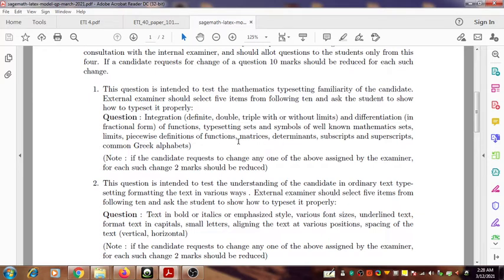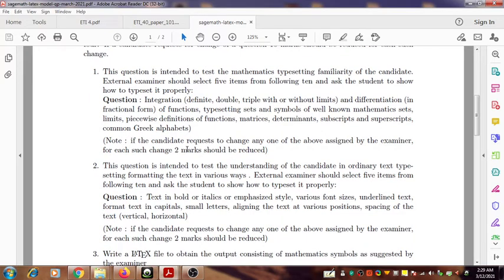And then differentiation in fraction form, and also of functions, typesetting sets and symbols of well-known mathematical sets, limits, piecewise definition of functions, matrices, determinants, subscripts and superscripts, and at the same time common Greek alphabets can also be expected.